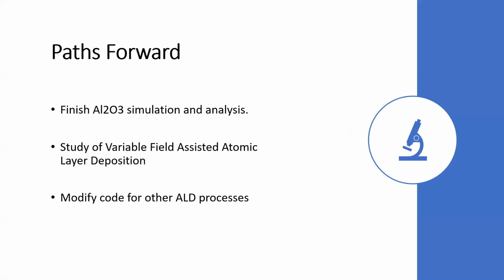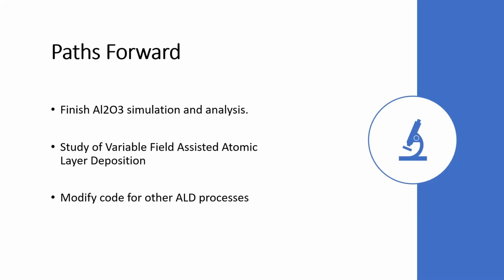So paths forward. We'd like to finish our analysis on alumina simulation and simulate some more with that. Additionally, there's some interest with variable field assisted atomic layer deposition. So this is where we turn on an electric field during our deposition process. And this can orient, for example, water is a polar molecule, so it can orient in a different fashion.